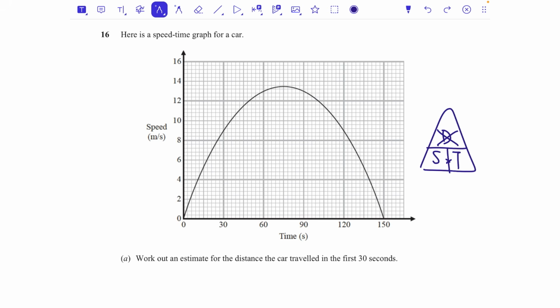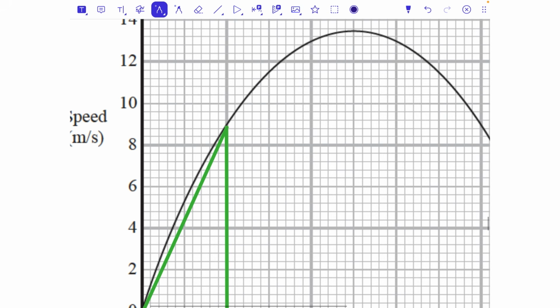So hopefully it makes sense if I say what we're going to do here is work out the area underneath the graph. Now in the first 30 seconds means I just want the area of this section here. And because I can't work out the area underneath a curve, I've got to turn it into a triangle to estimate this. Now, I think that this value here is feeling like 9 to me.